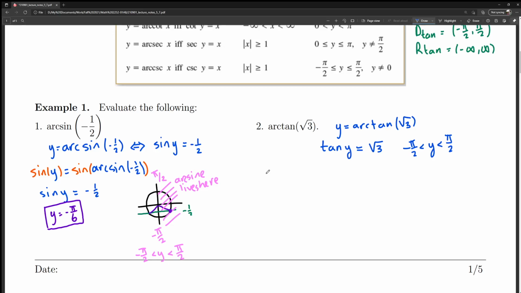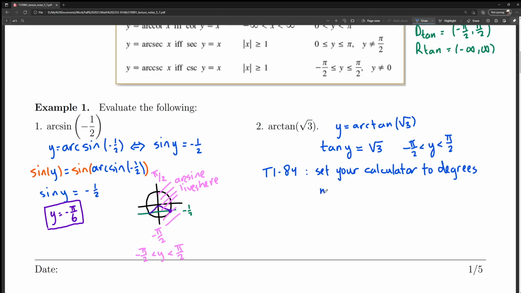So on the TI-84, you can set your calculator to degrees. And the way you do that is you click on mode.